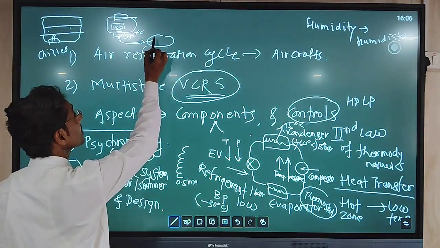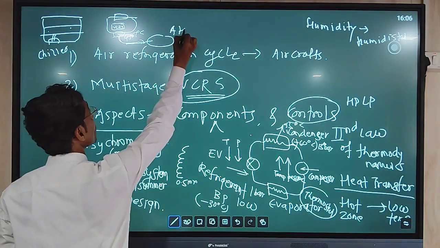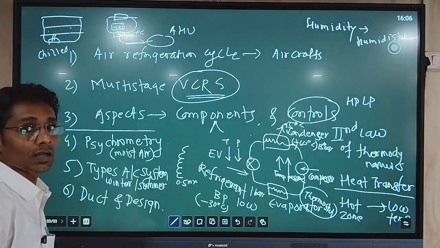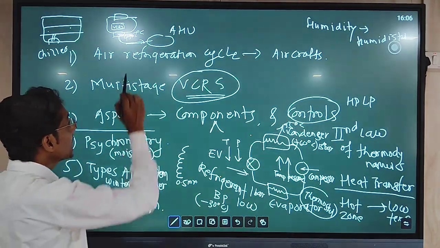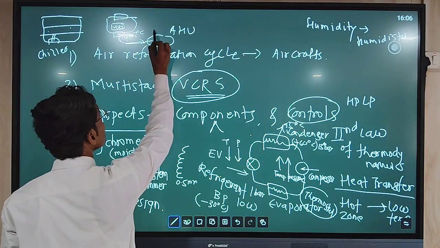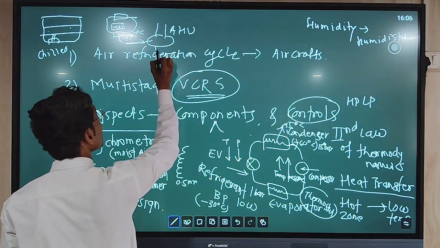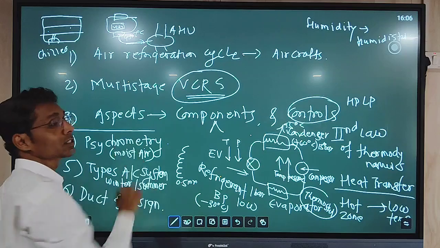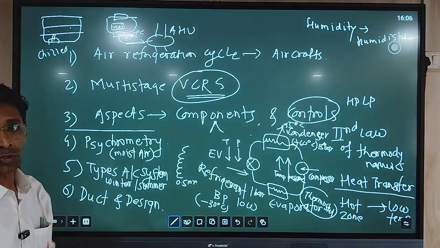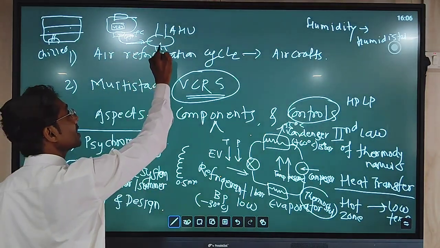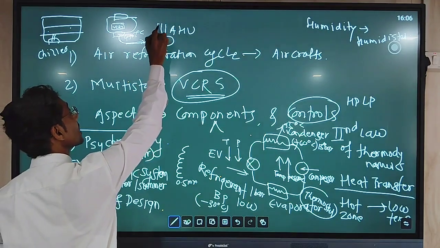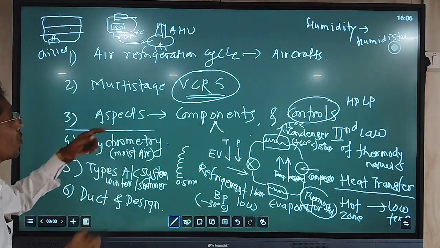Then there is a device we call an AHU, air handling unit. The AHU has two sides, input and output. From one side air passes in, and on the other side air comes out.